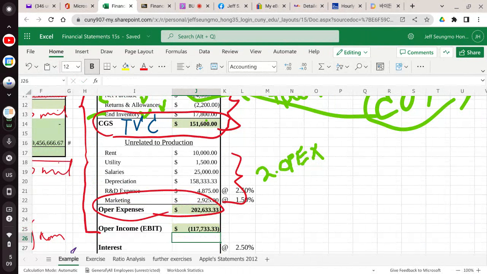Voila. But then you might be shocked. This company has negative profit, negative EBIT. That's a loss. Yeah, but it can happen. But that makes it more interesting.